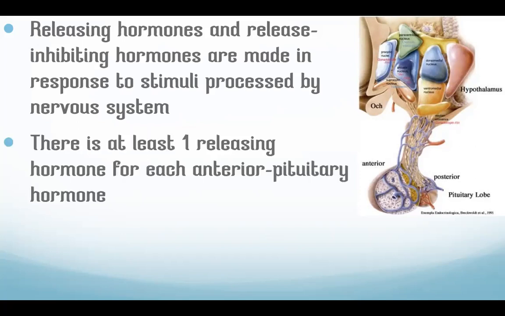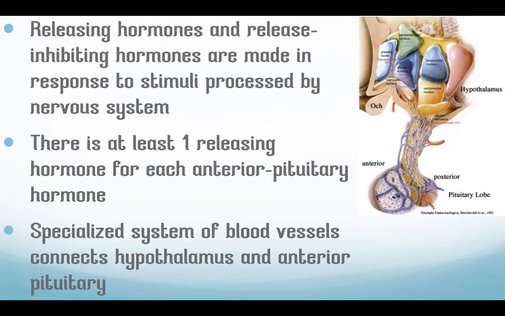For every anterior pituitary hormone, there is at least one releasing hormone and one release inhibiting hormone, because it makes sense. You can't control light without an on and off switch. And every single light in your house has its own on-off switch, right? So it's the same thing here. I try to come up with analogies to hopefully make it easier, hoping it's not making it more complicated.